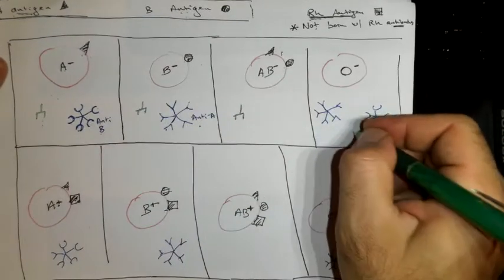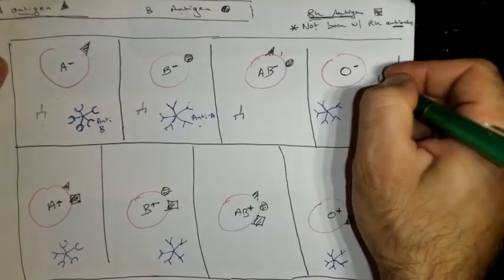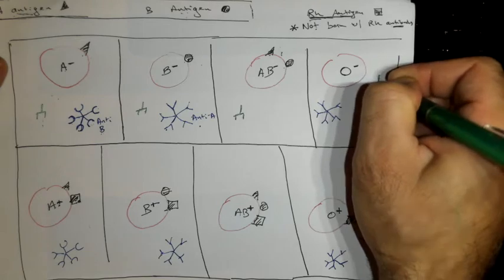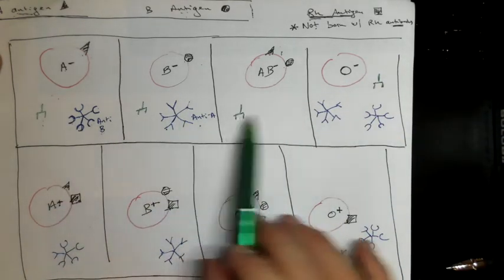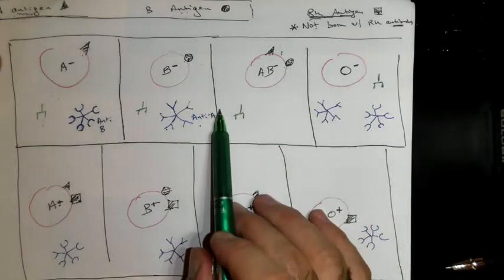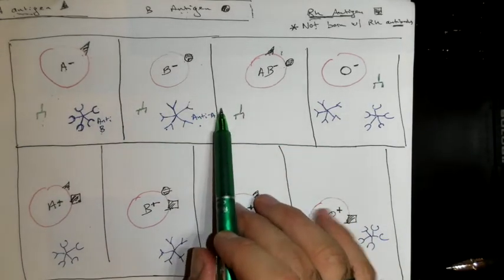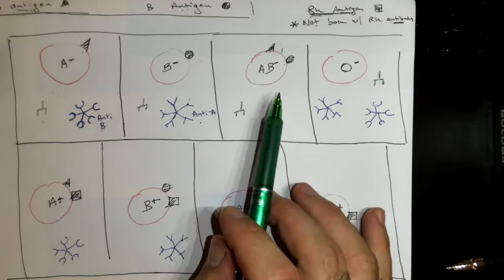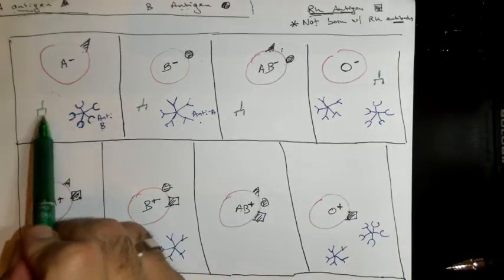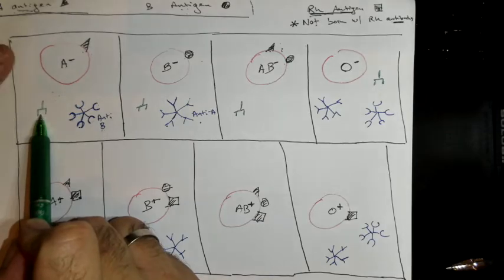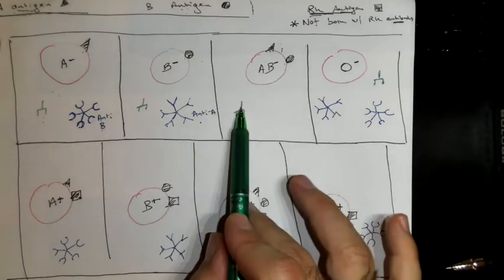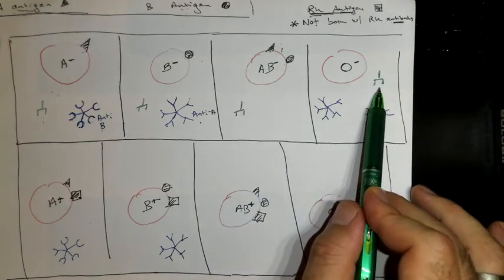This is a way to simplify a little bit what we're going to do here. We are going to assume for any of the questions that we have regarding compatibility between blood types that this Rh antibody is in fact present in every single negative individual's blood plasma.